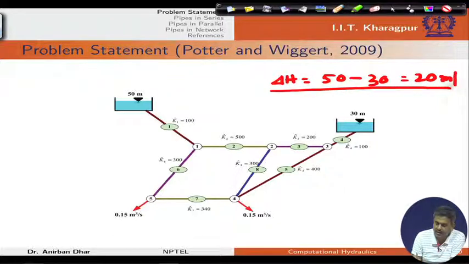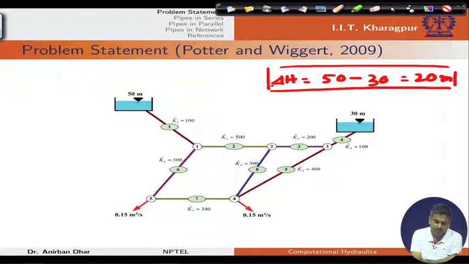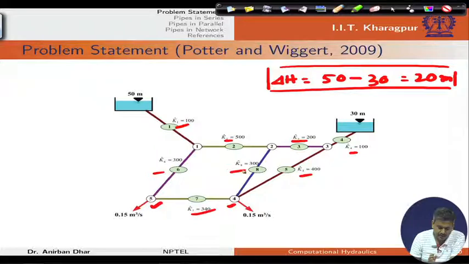Now, we have two demand nodes, node number 4 and 5, and the demand is 0.15 meter cube per second in this case, and these values K1, K2, K3, K4, K5, K6, K7, K8 are related to the pipes.